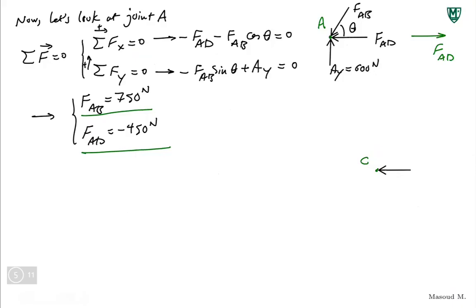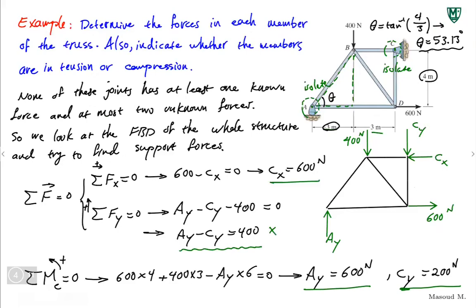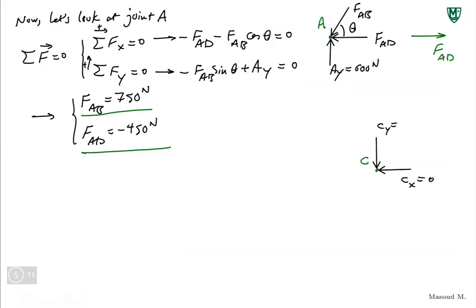So these are Cx, external forces, Cy, and I know their values now. Cx was 600, Cy 200. So this would be 600 newtons, this is 200 newtons, and I'm sure about the directions because that's what I got from the free body diagram.